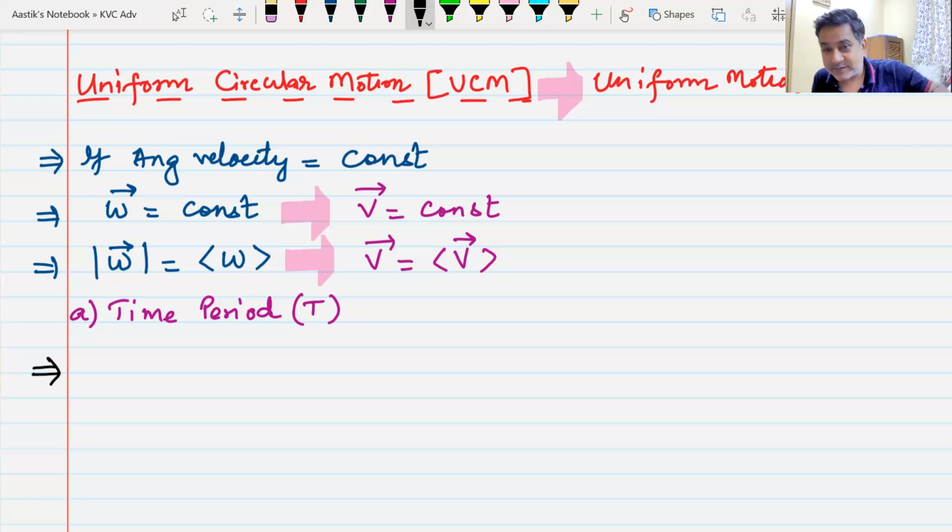You say apple is a fruit, it is sweet, and you eat it. You don't tell me the use, you tell me the definition. Yes, the time taken by the particle to complete one rotation. Well done, that is correct. Time taken to complete one rotation.